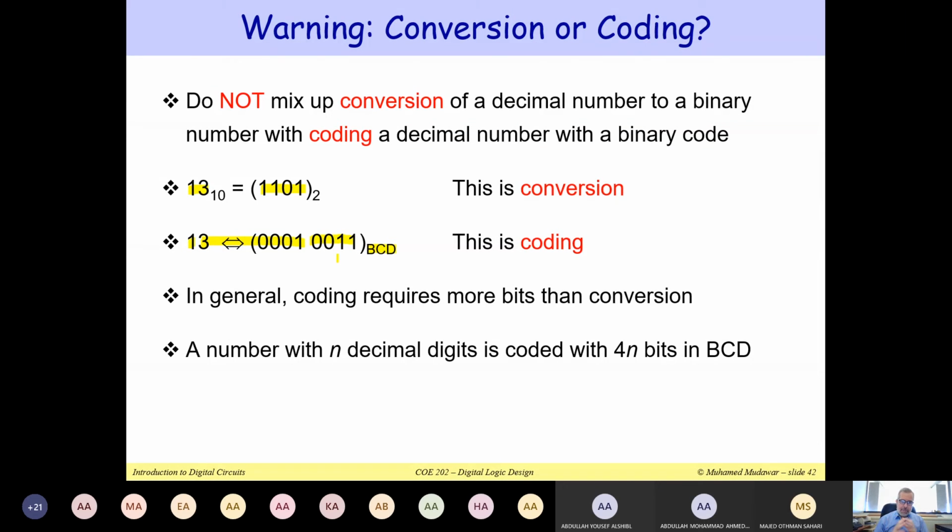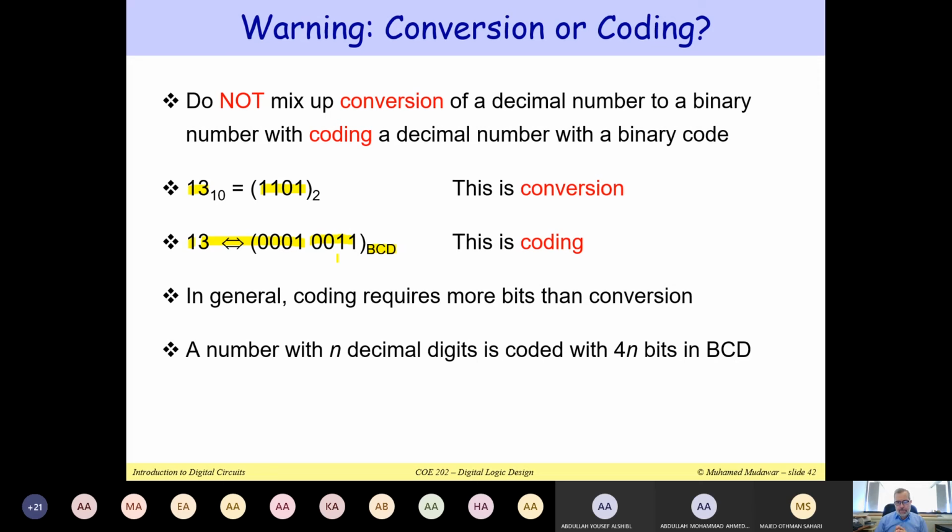So you have to understand the difference between coding and conversion. In conversion, you look at the decimal number as just one number and you convert it to binary. Whereas in coding, you extract each decimal digit and you code it in binary. So in the case of conversion, we got only 4 bits. In the case of coding, for each digit we got 4 bits, so we got 8 bits in total.